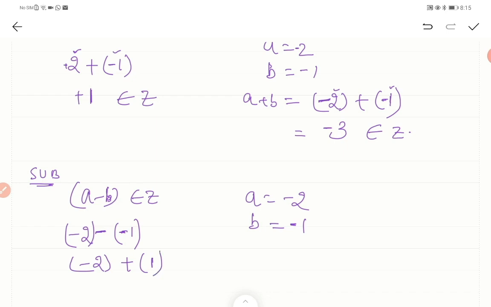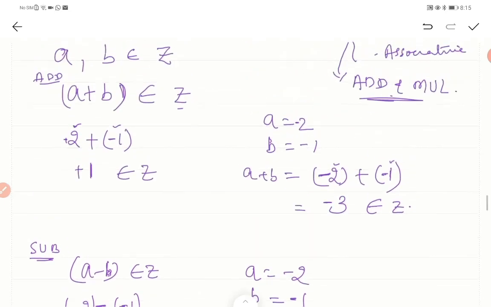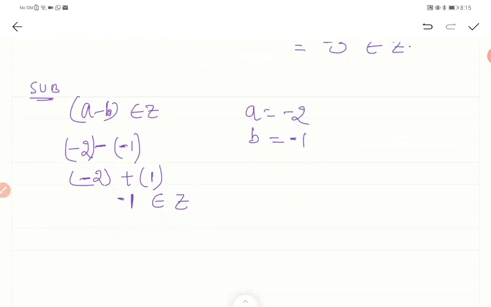So minus 2 plus minus 1 is minus 3... sorry, 2 and 1 add up, the sign will be negative. So this belongs to Z. So the closure property is true under addition and subtraction also.